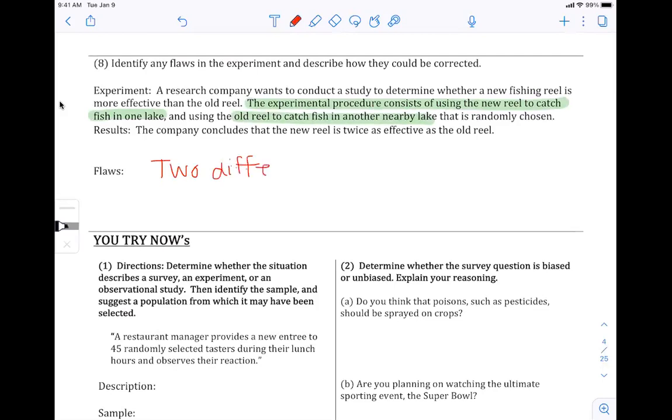A way to correct this would be to test both reels in the same lake, or another option is to test both reels at both lakes. That would give a more accurate result when you get those results back, okay?